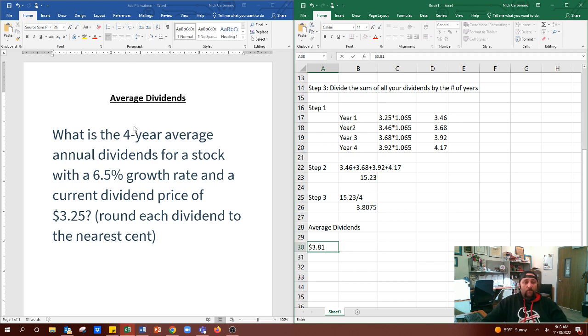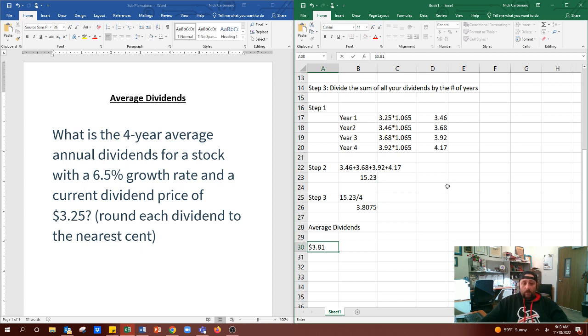So what is the 4-year average dividend for a stock with a 6.5% growth rate and a current dividend price of $3.25? We rounded to each cent right here. We followed the steps, and we found out that the average dividends for this problem was 3.81.